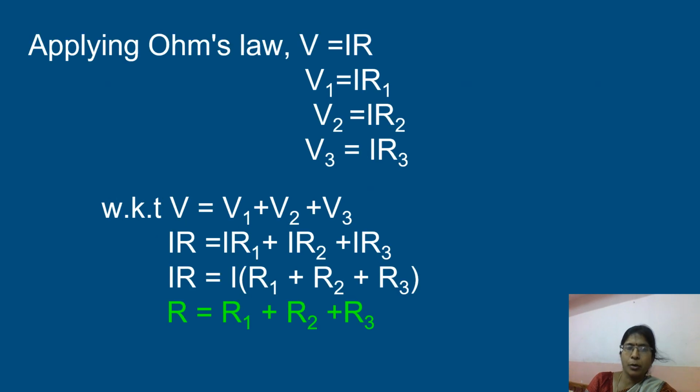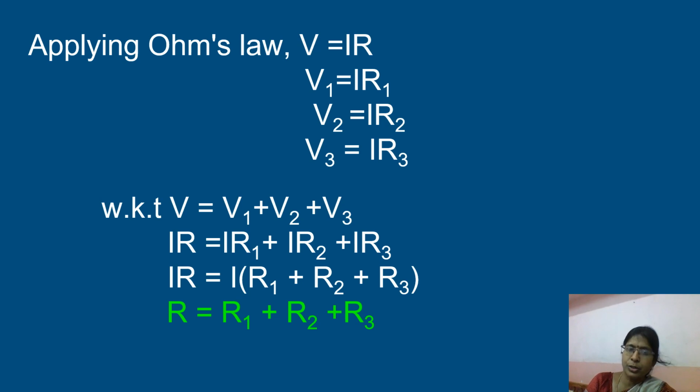When you apply Ohm's law, that is V is equal to IR, the potential difference across the first resistor V1 is equal to I into R1. Similarly, across the second and third resistors, they are IR2 and IR3.